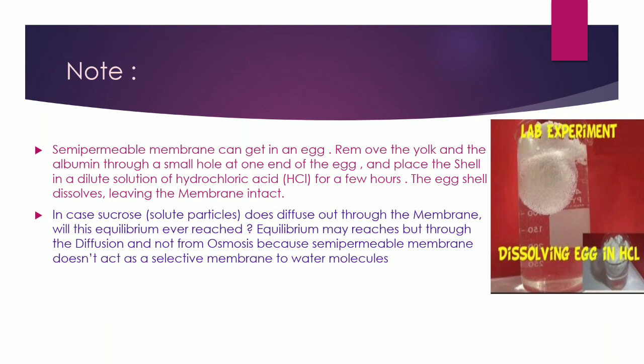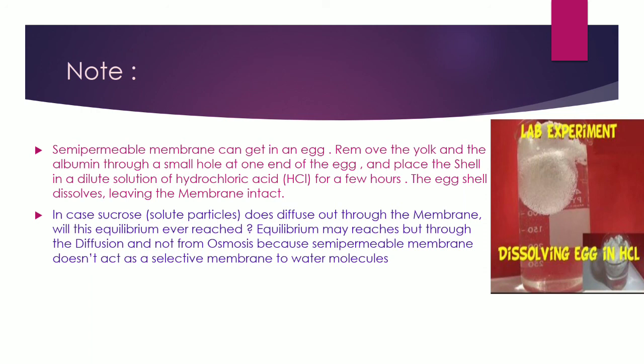We just have to know two points here. That is, how a semi-permeable membrane can be obtained from an egg. We take an egg with a small hole, through which we remove the yolk and albumin.